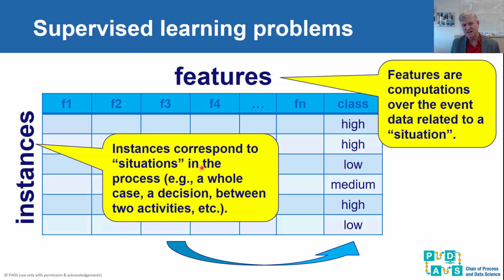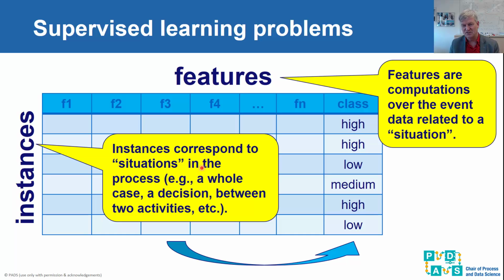So if I take the example of flow time, how long does it take to handle a case, then my situation is an entire case. So the process is executed from beginning to end. And our target feature is the flow time, which is a computation of the difference between the time of the last event minus the time of the first event.